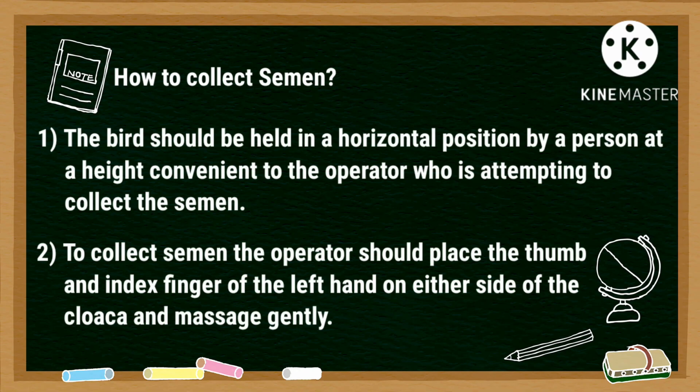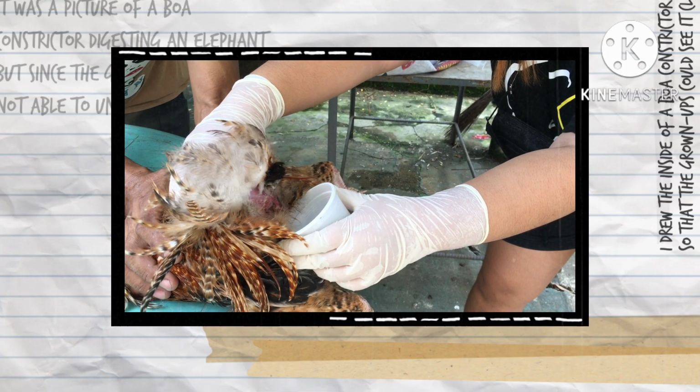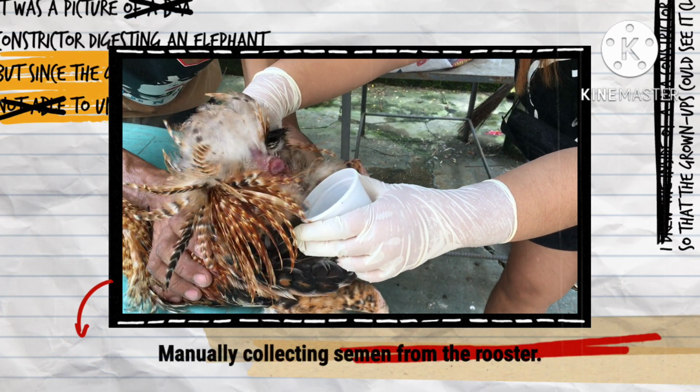Let's find out on how to collect a semen. It is manually collecting semen from the rooster.